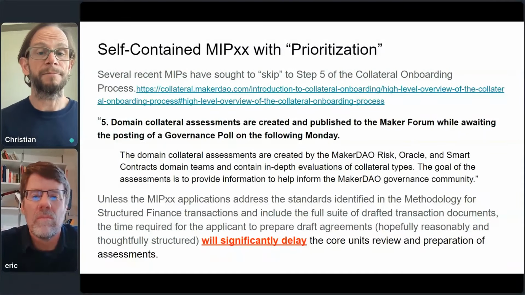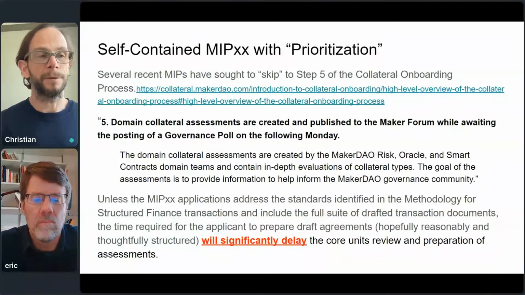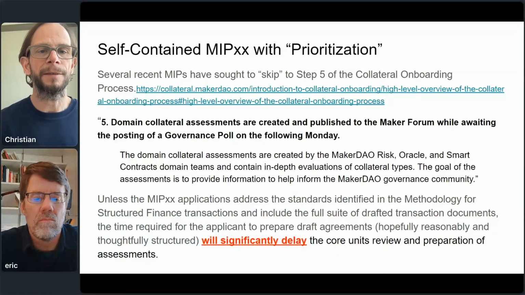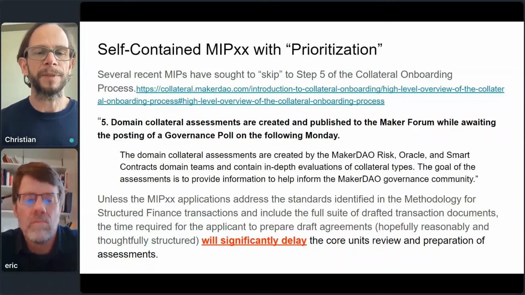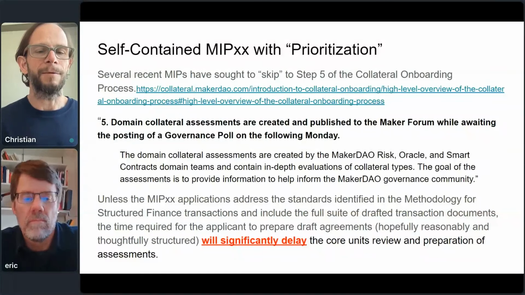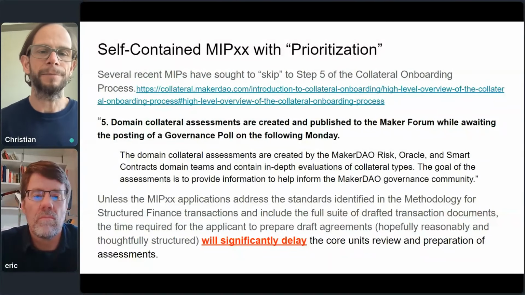There's nothing wrong with a self-contained MIP, but just for people to recognize, when you're seeking to develop a process that is transparent, that is efficient, that is understood, albeit not perfect yet, having self-contained MIPs with a prioritization built into them kind of throws that endeavor a bit into doubt.